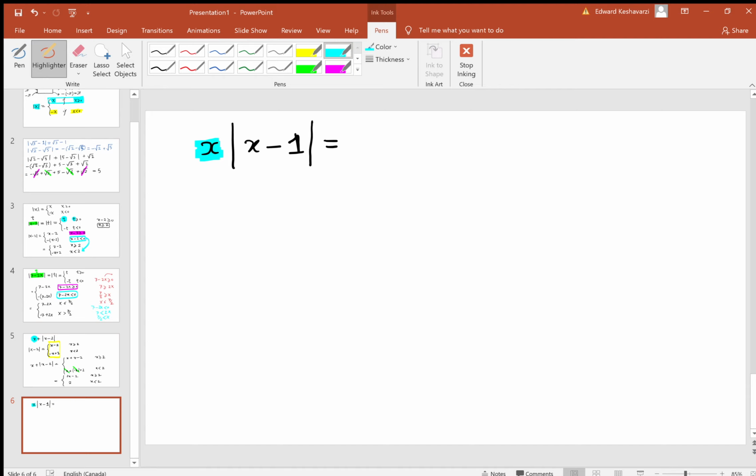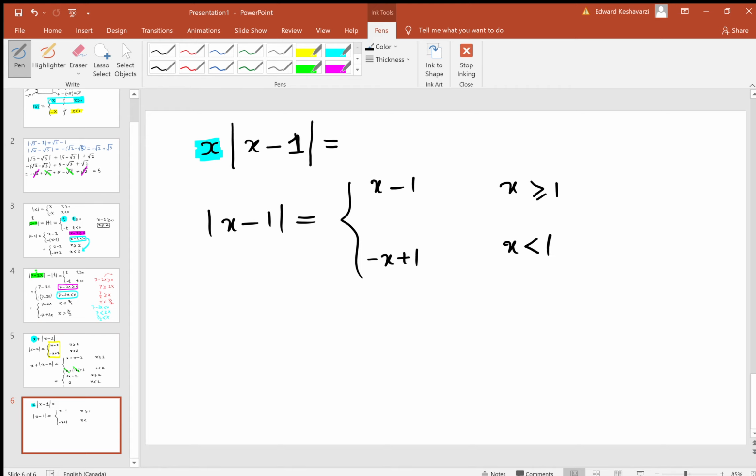Just focus on absolute value of x minus 1, and at the end you multiply the expression by x. So x minus 1 becomes x minus 1 for x larger than or equal to 1, is pretty much the same as x minus 2, right? And negative x plus 1 when x is less than 1.